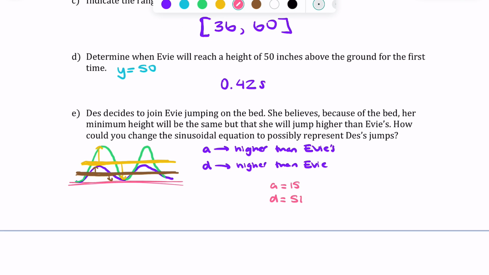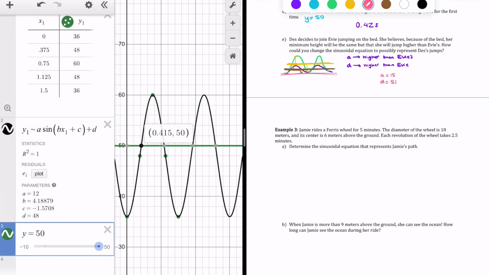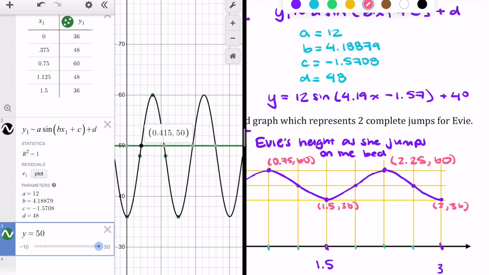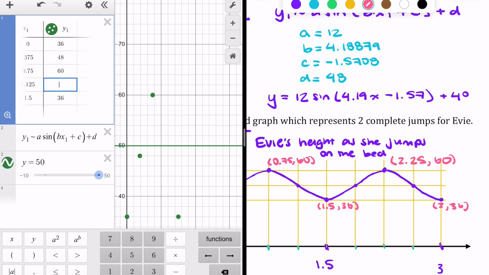Now, if you were doing a question like this on a provincial exam and you're like, man, I have no clue, okay? You're welcome to map out a scenario here, right? I already know my equation for Evie. It's this guy over here. Let's just change some numbers for Des. So I know the min's the same. I know the max would have to be higher, okay?